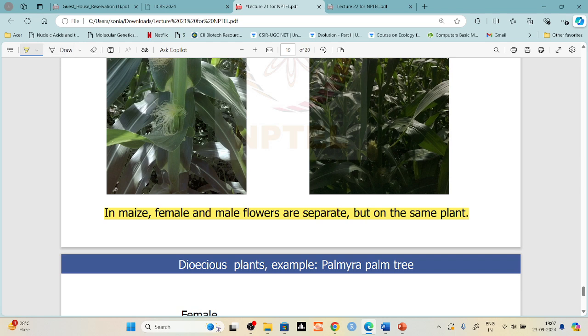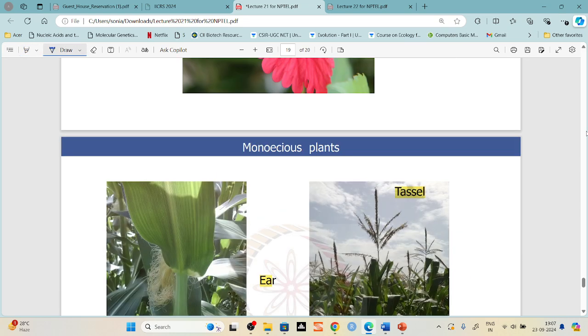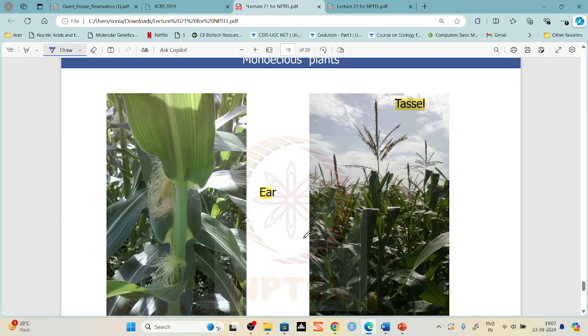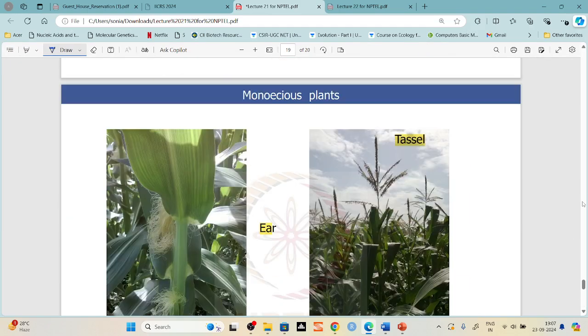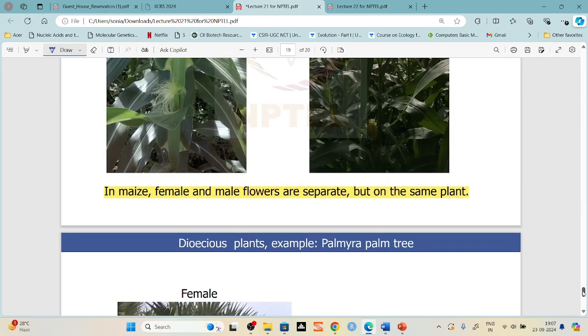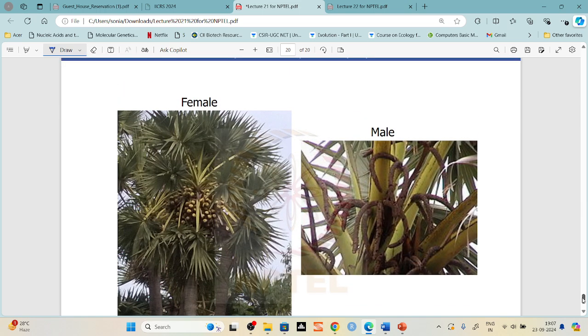You see, in the same plant, some flowers have the carpel, while some have the stamen. And these are the palm trees. In palm trees, male and female gametes are present on different plants. So these are your examples.